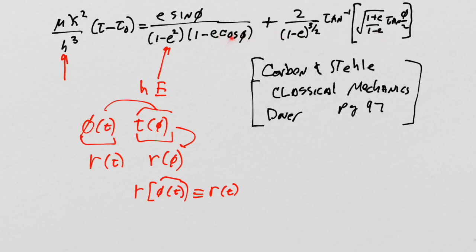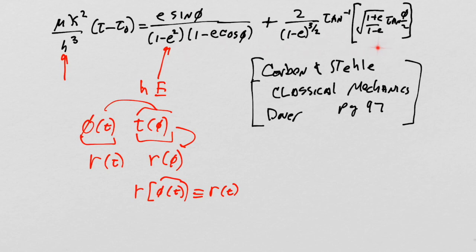But we have the means of actually doing this calculation. We have the means of struggling through this, finding the time corresponding to each angle, and then creating r of t. But you can see it's not trivial. I realize I've skipped a lot of algebraic steps, but you can fill them in.